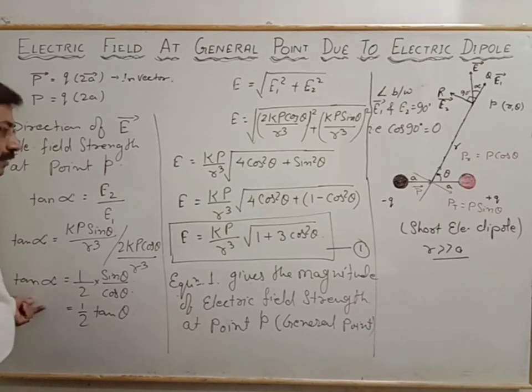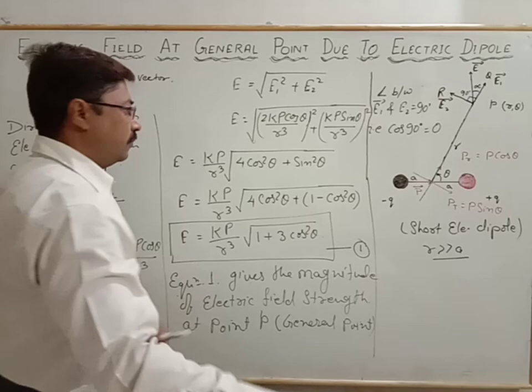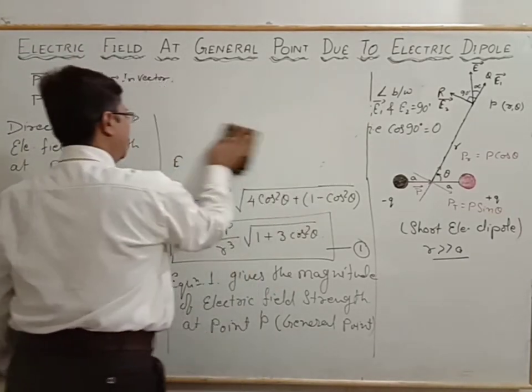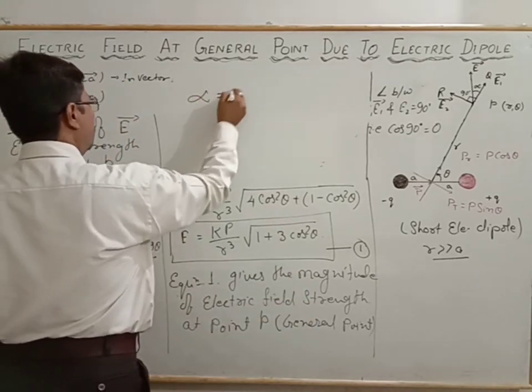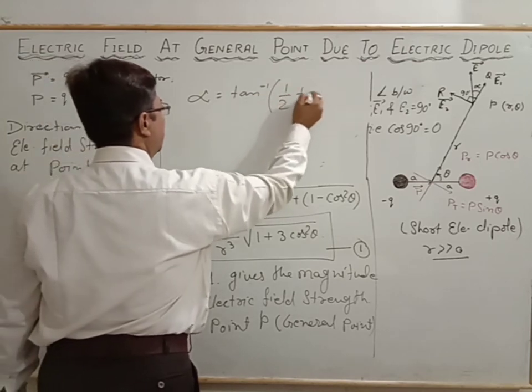Now the angle which gives the direction of the electric field, alpha, is equal to tan inverse of half tan theta.